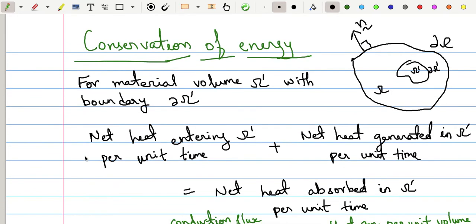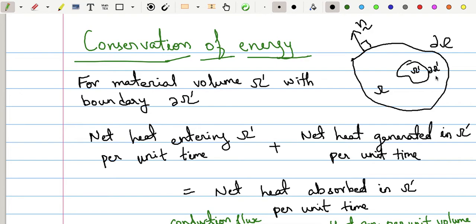Next, let us look at conservation of energy. Now, once again, you have some material of interest. It could be a heat sink, it could be an engine block, it could be anything. Within the region of interest, we are considering some arbitrary subregion omega prime with boundary d omega prime.